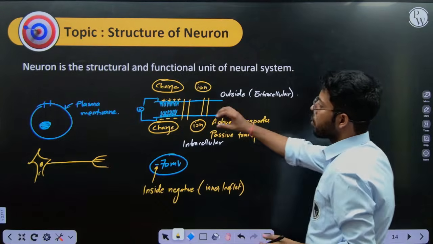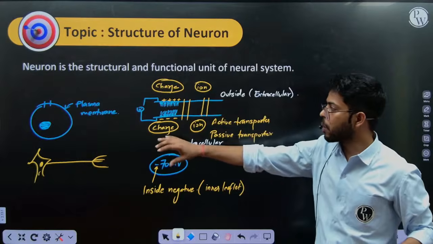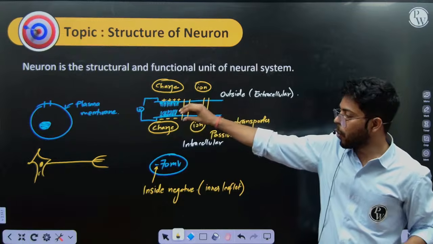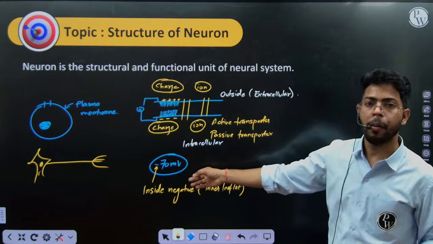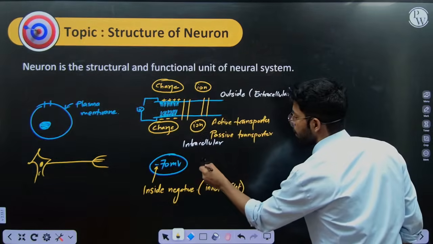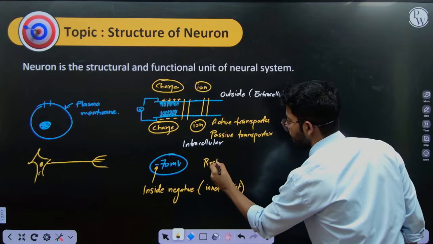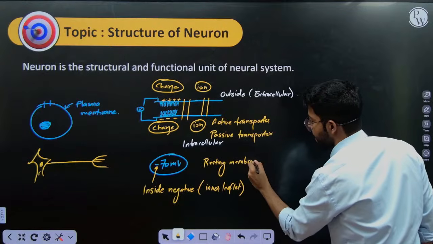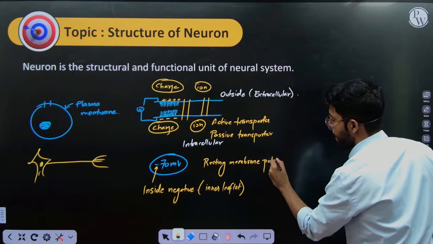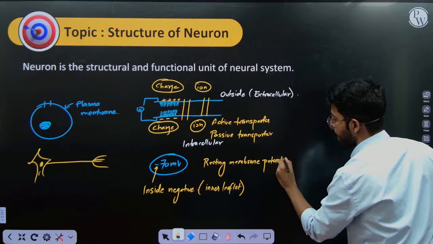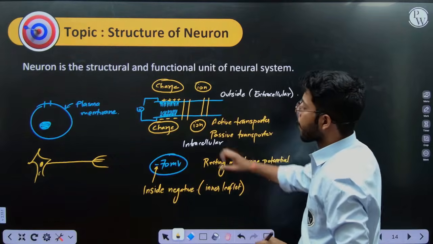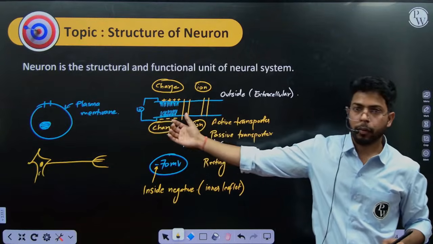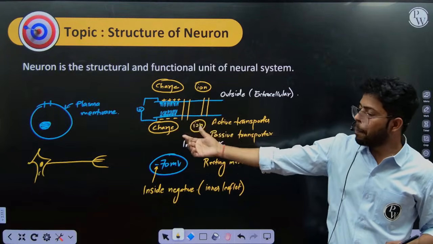So neurons are excitable cells, because the plasma membrane of the neuron can change its membrane potential or resting membrane potential. Each and every cell has some membrane potential.